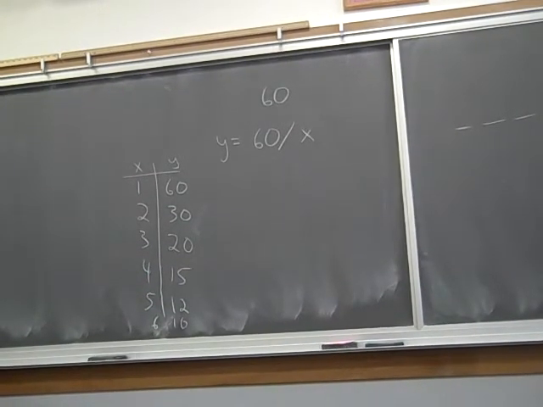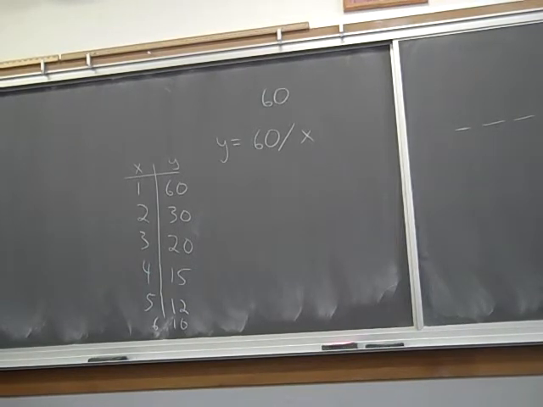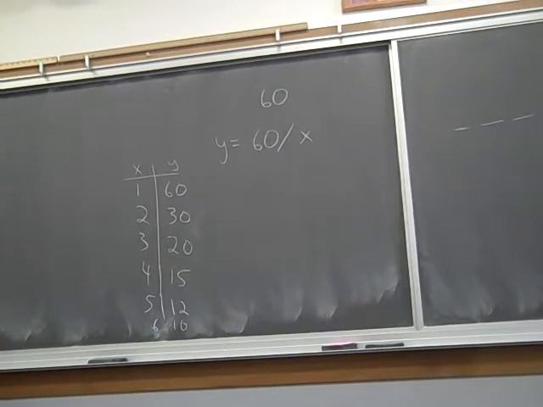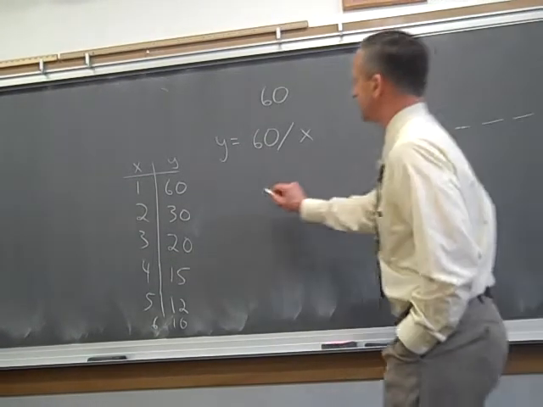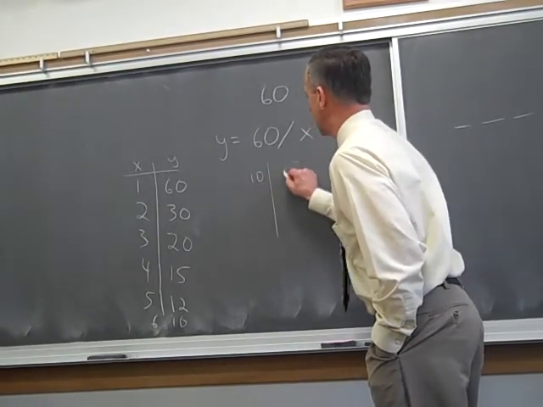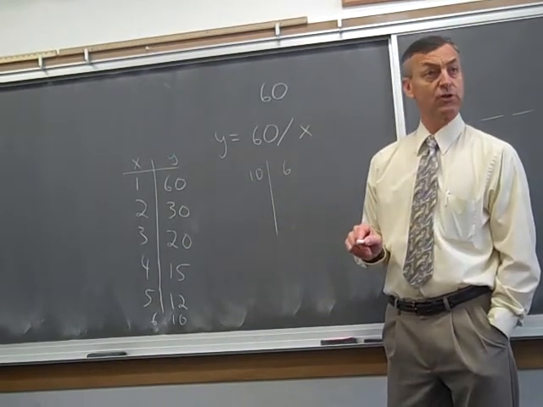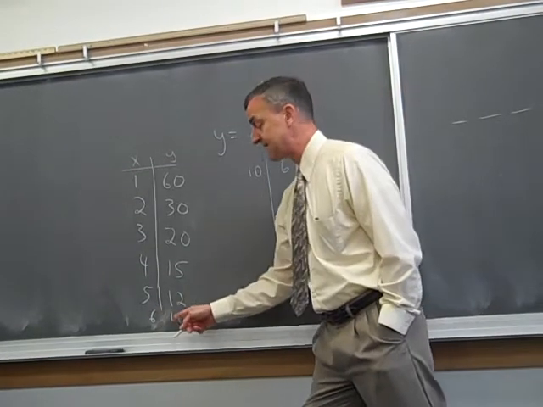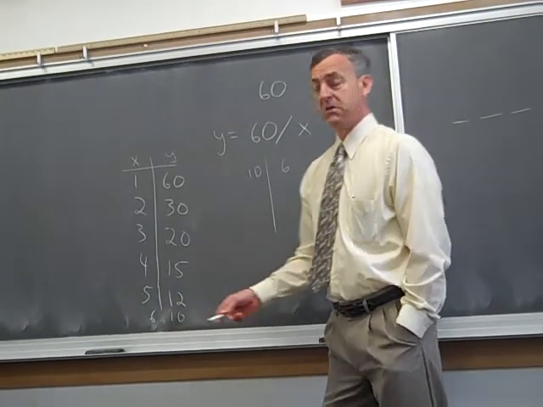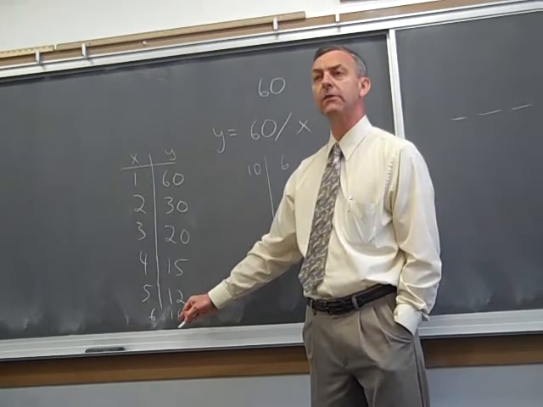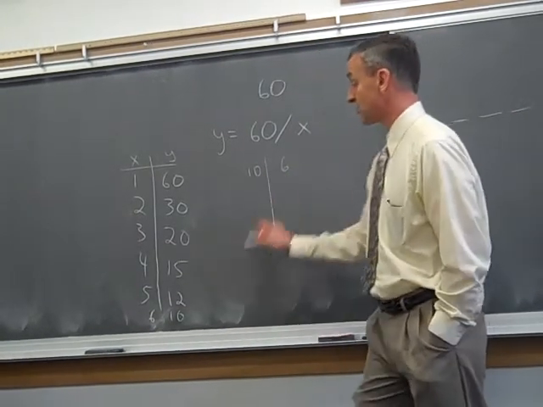Till they start repeating. What do you mean? Like the x is 10 and the y is 6. By the time we get to the x being 10 and the y 6, we would stop because we already got 6 and 10. So 7 didn't work, 8 didn't work, neither does 9, and 10 is a repeat of this.